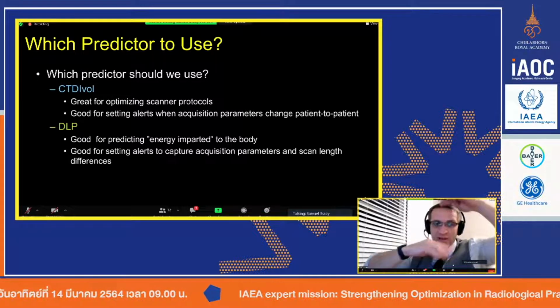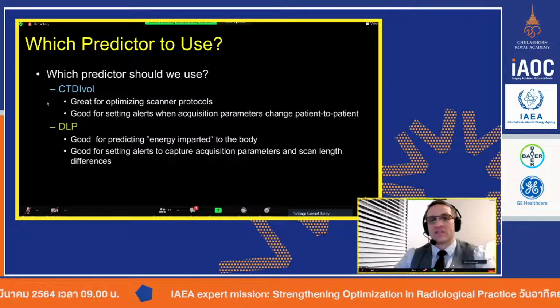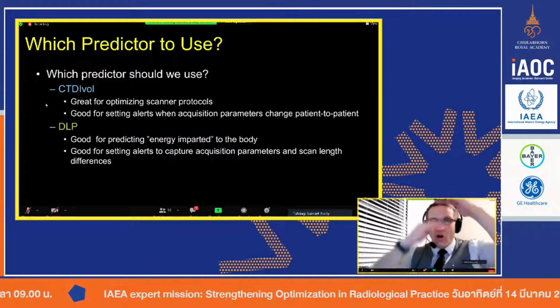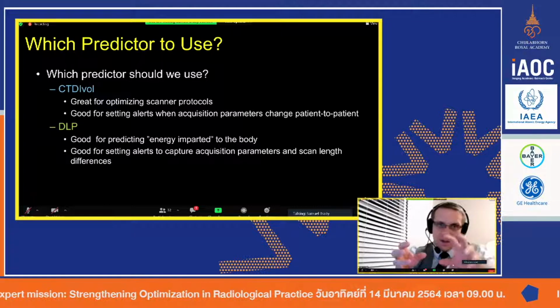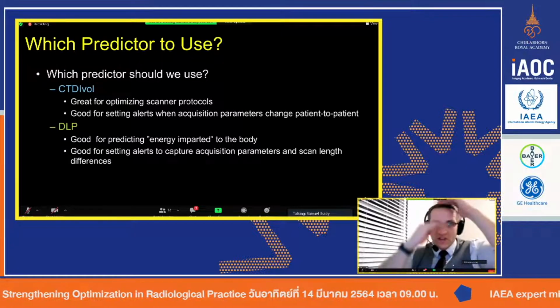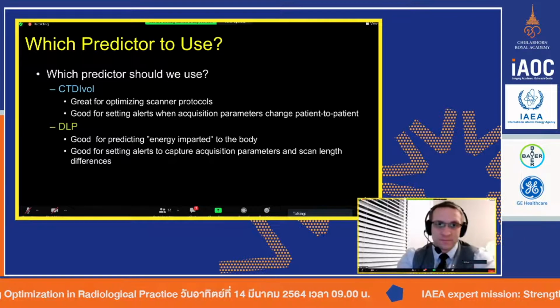The length. And so dose length products are really good for helping us understand if we're doing all of the right things. We're not only setting the right MA, we're setting the right KV, but we're also making sure we're setting the right scan field of view.